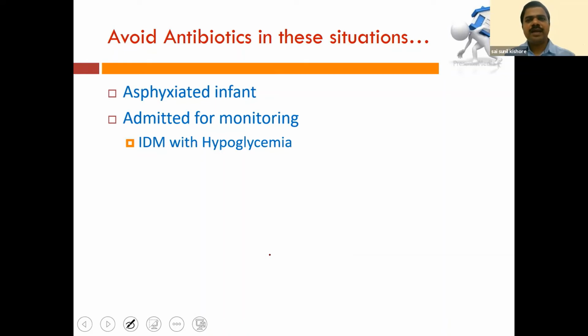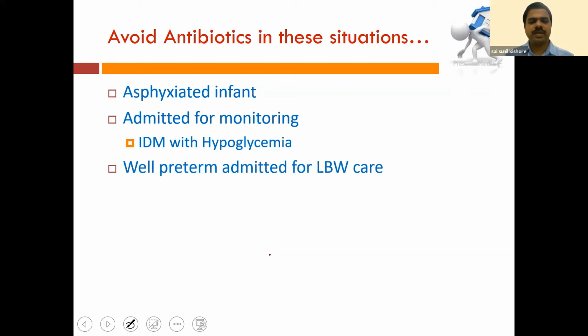So mild delayed cry and mild asphyxia, no HIE or HIE stage 1, you can always wait. And if an IDM baby is admitted for monitoring on IV fluids for hypoglycemia, we need not start. A well preterm baby admitted for low birth weight care, we need not start.